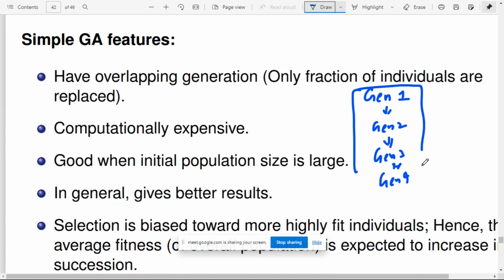Now say you are identifying NP individuals with the highest fitness score, and you are creating a new set of offsprings. This new set of offsprings will replace which generation in this case?